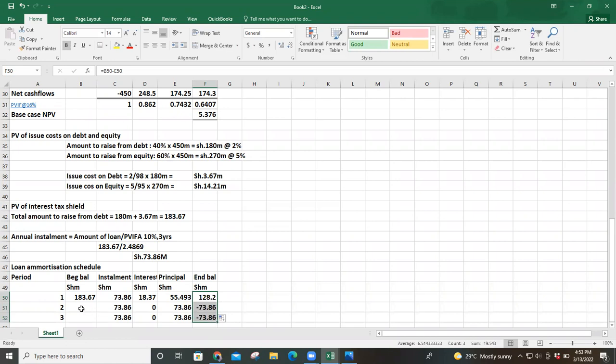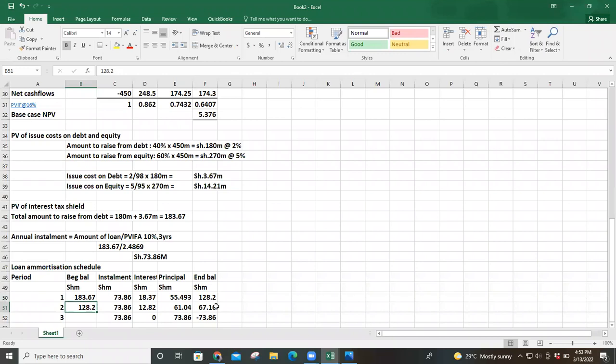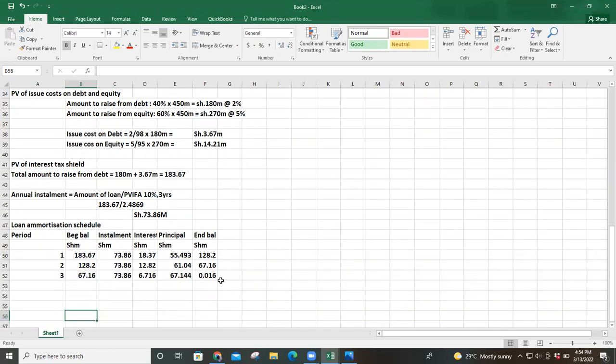The balance at the end of year 1 becomes the balance at the beginning of year 2, which is 128.2. As we end year 2 with 67.16, that is the same amount we start year 3 with. You can see our loan balance at the end is roughly 0; the decimal point is because of rounding errors. That's what we expect.